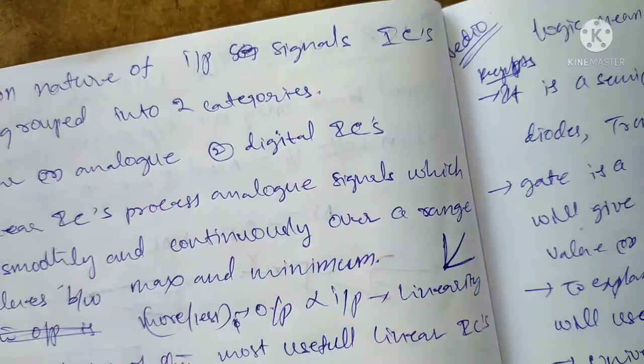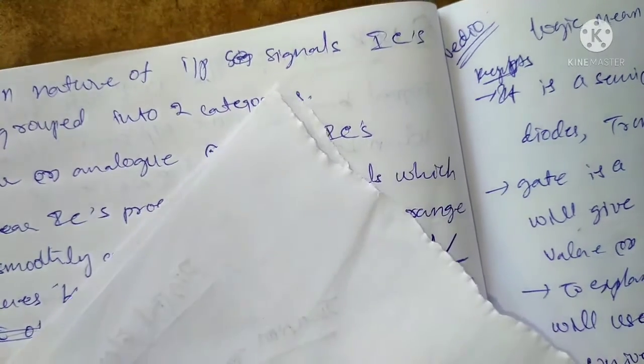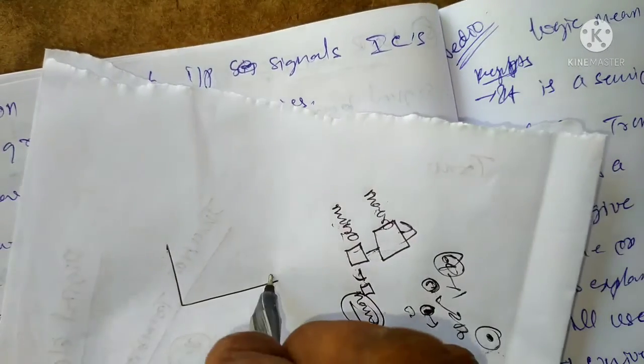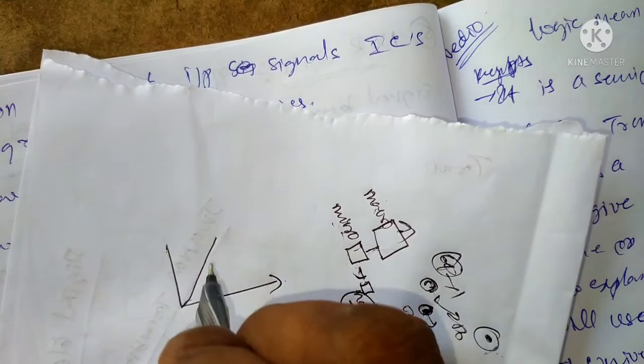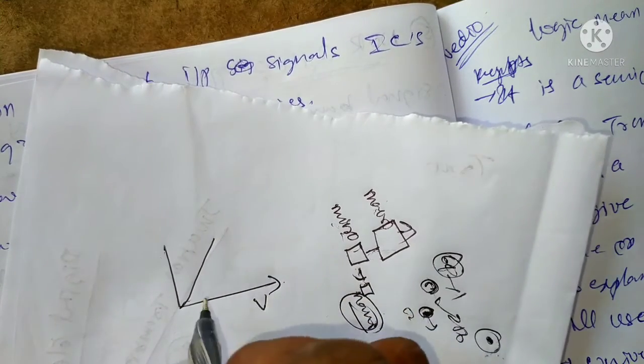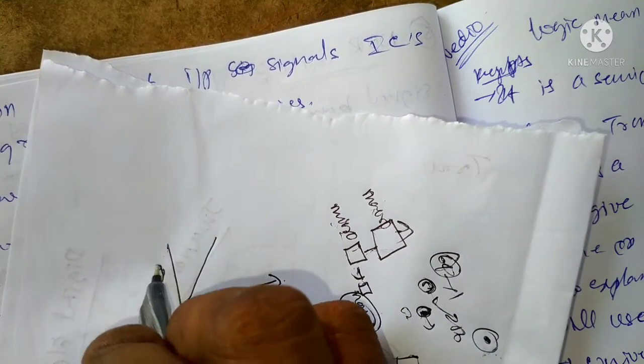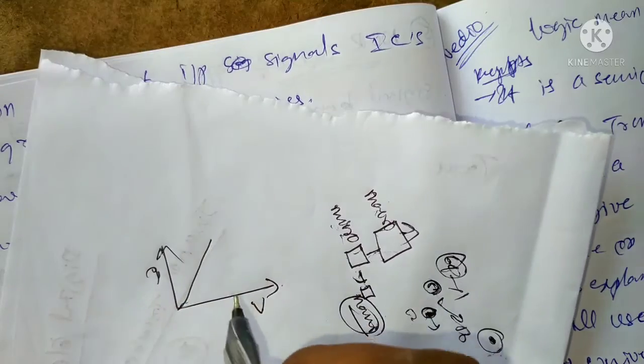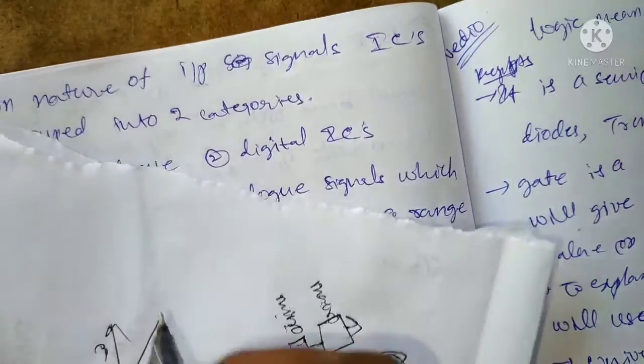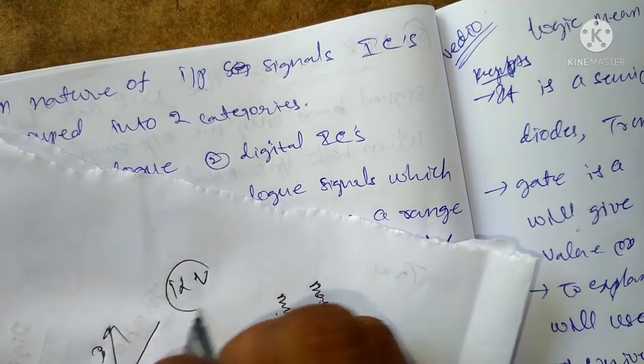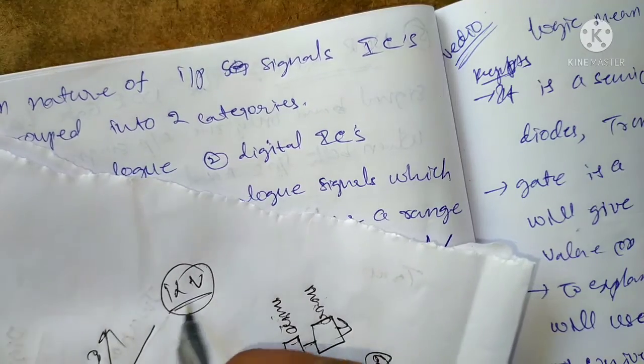Linear means a straight line, that is proportionality. Suppose voltage increases, then current also increases. The current is proportional to the voltage. It is a proportionality, or linear relation.